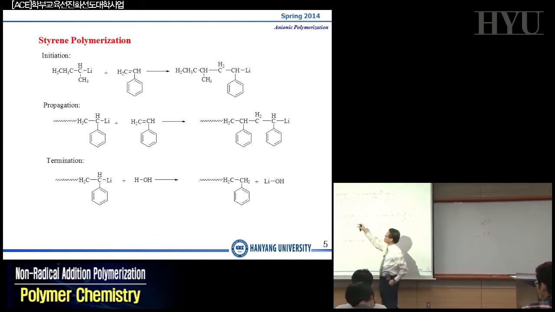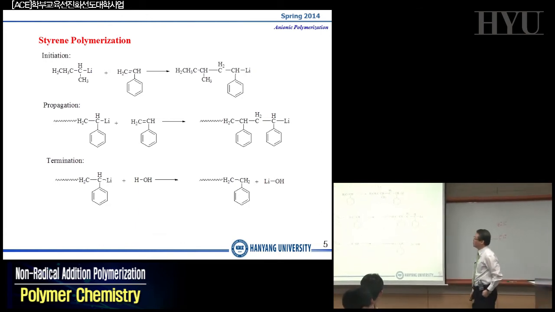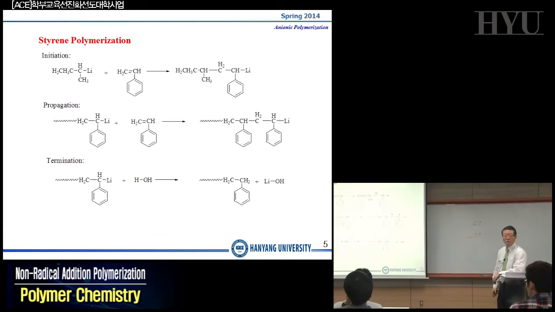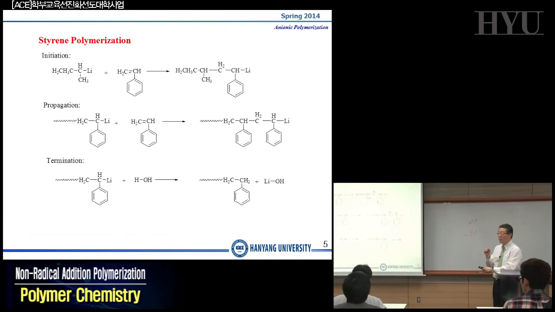So in this styrene and butyl lithium system, a small amount of water will terminate the polymerization reactions, so the water should not be present in this polymerization system.